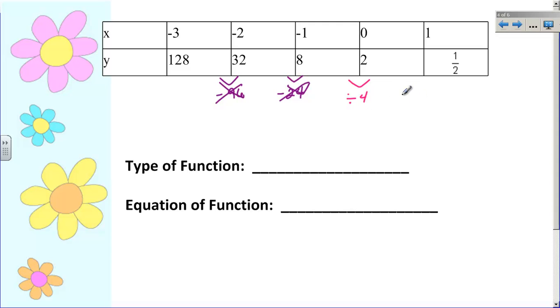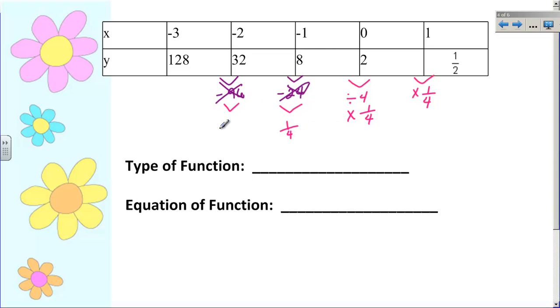What can I multiply by that would be the same thing as dividing by 4? Well, I could multiply by 1/4. It's the same thing. So 8 times 1/4 is 2. 2 times 1/4 becomes 2 over 4, which is 1/2. And if you look at these here, from 32 to 8, well, 32 times 1/4, or 32 divided by 4, is 8.